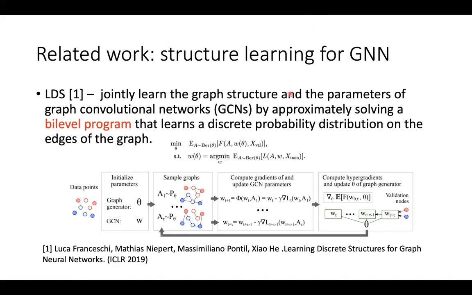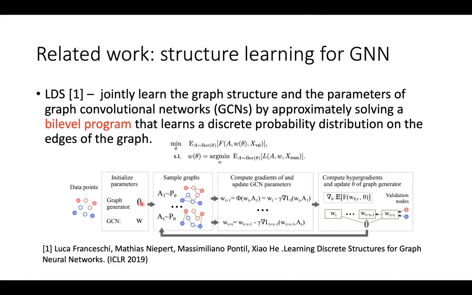Okay, so essentially, the whole procedure goes like this. For this graph generator, we have theta, where each theta ij is the parameter of a Bernoulli distribution for each of the entries. So it's also an n by n matrix, and we also have the parameters W for the GNN. We first assume, for example, that the graph is connected via KNN, so we can do an initialization for theta.